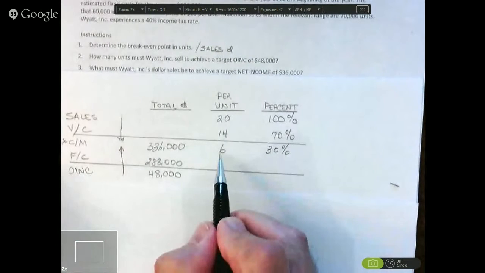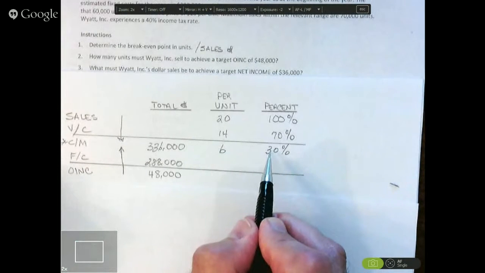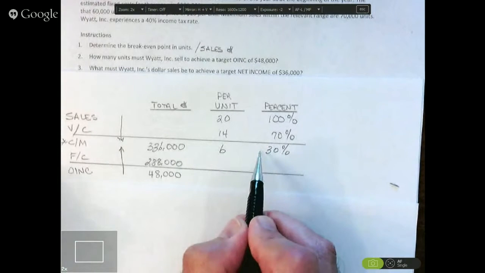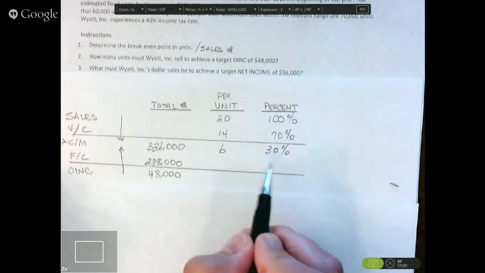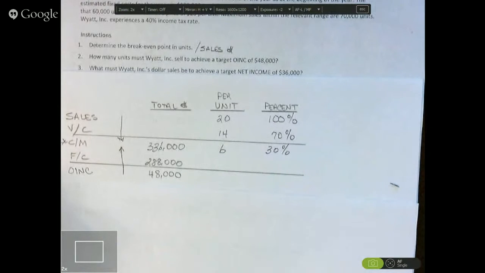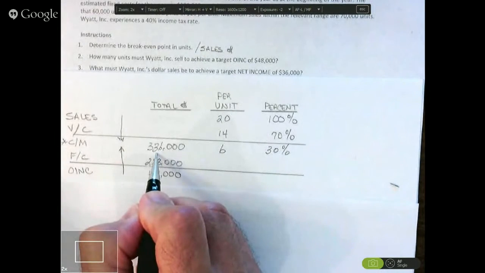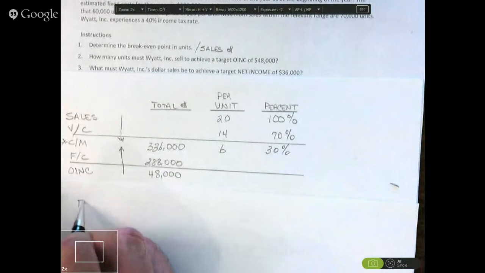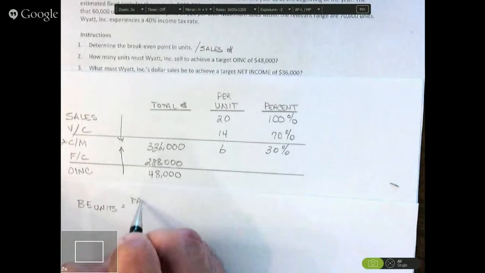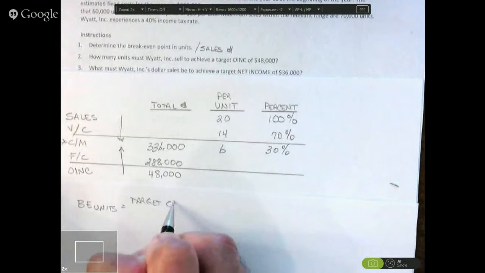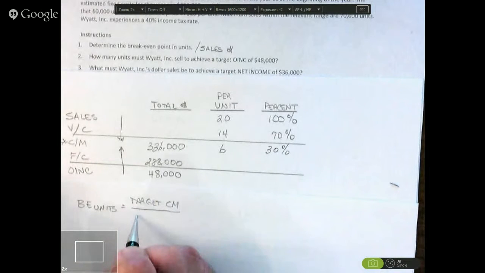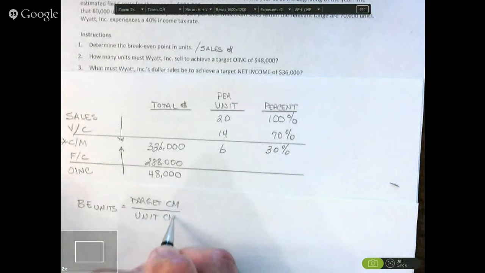The relationships on the per unit basis and the percentage basis, regardless of the number of units that are made or sold, will always stay the same with variable costs. So we can use the information in columns 2 and 3 from problem number 1. So let's calculate the break-even units. Break-even units will equal the target contribution margin divided by the unit contribution margin.